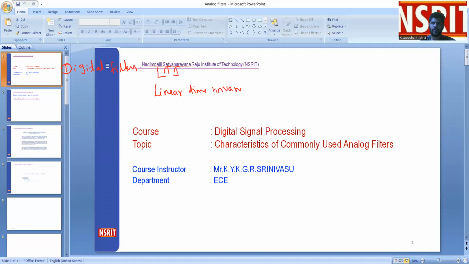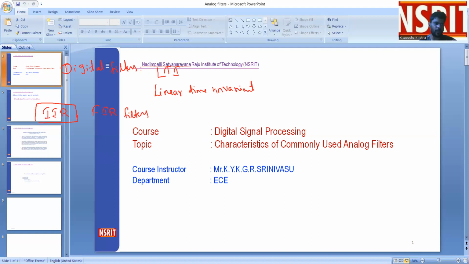In digital filters, we mostly discuss IIR filters and FIR filters, finite impulse response, which we will study in the next chapter. For now, our concentration is only on the IIR filter, what it is and how it is used.